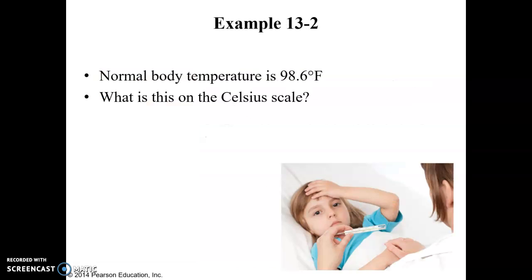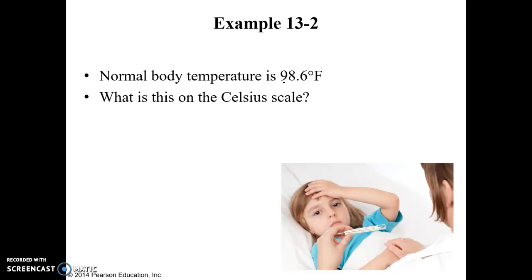So let's just do a quick unit conversion problem here. Normal body temperature is 98.6 degrees Fahrenheit. What would that be on the Celsius scale? What's the average human body temperature on the Celsius scale? Well, the process you have to go through is to think, how many degrees above freezing is it?